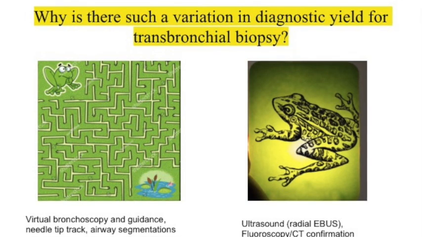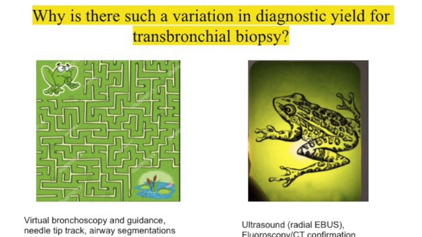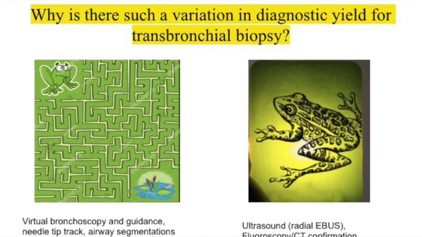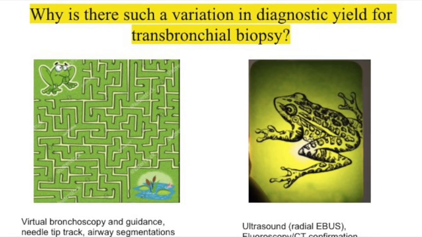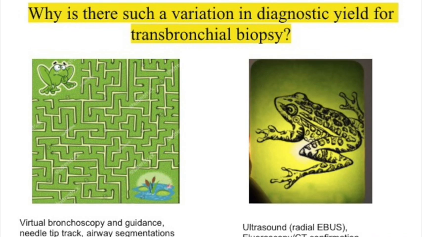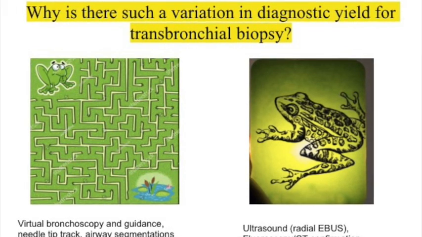So in order to achieve that purpose, virtual bronchoscopy to create the pathway, the guidance to the nodule, has to be made, right? And then there should be technology to track the tip of the needle, and also technology for airway segmentation as well.